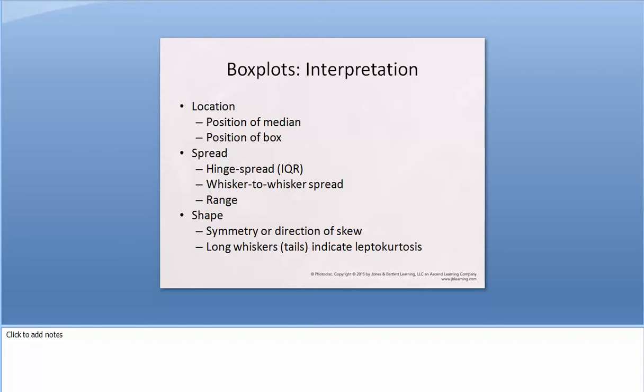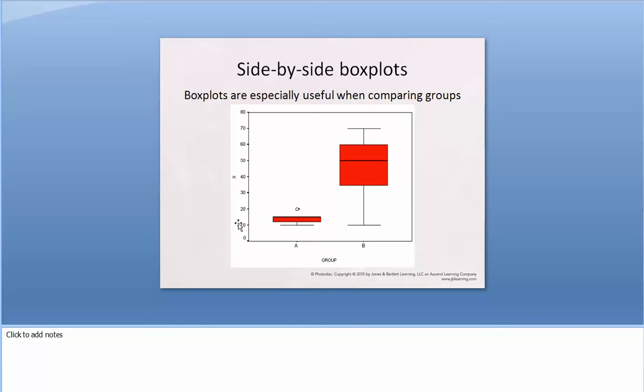Okay, so we did that, and then let's go here. Another useful thing about box plots is that they can be used to compare two data sets. Here you have two groups, A and B. Look, the group B median is so much bigger than the group A median.